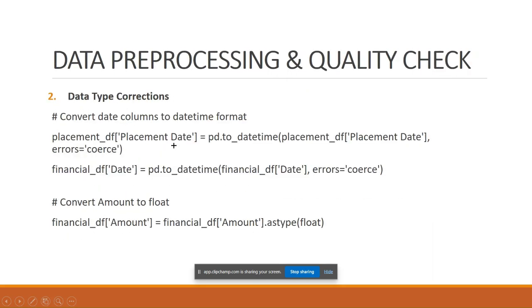For any calculations or operations which require using the date, it has to be converted into a datetime format. So pandas has a function, to_datetime, which converts the date and the time in both the data sets into a common datetime, which we can use for further operations. And to help in easy calculations, we convert the amount in the financial data set into a float type.